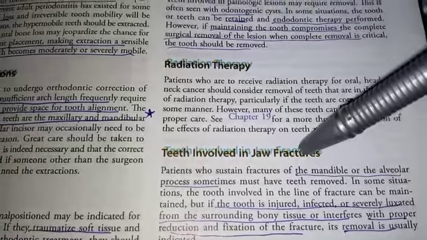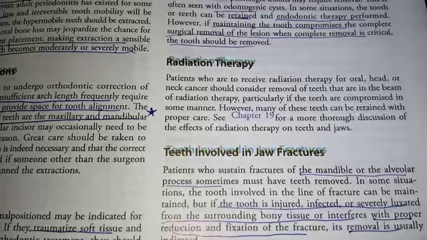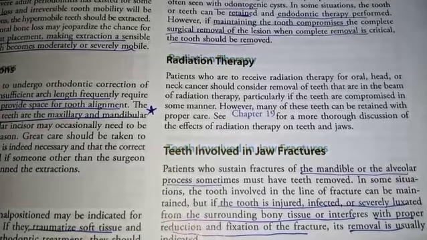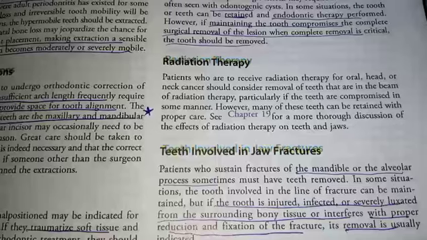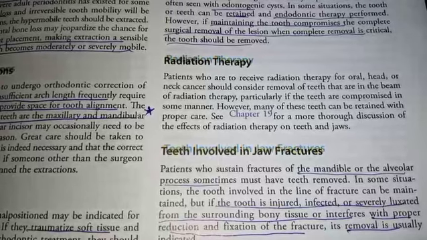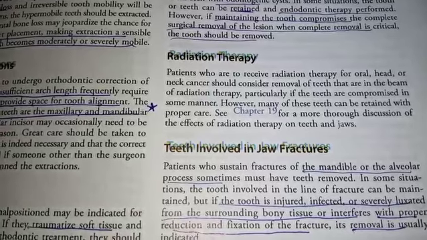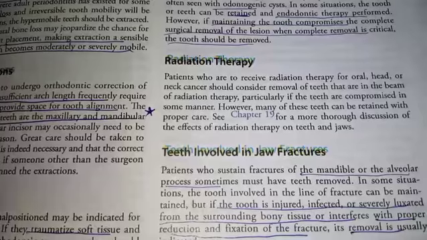Okay, so what happens is that the fracture can be in the line of the angle of the mandible, or in the body of the mandible, or the symphysis region. When the fracture is in the dentate area, it is known as a compound fracture. Okay, it means the fracture is present where the teeth are.